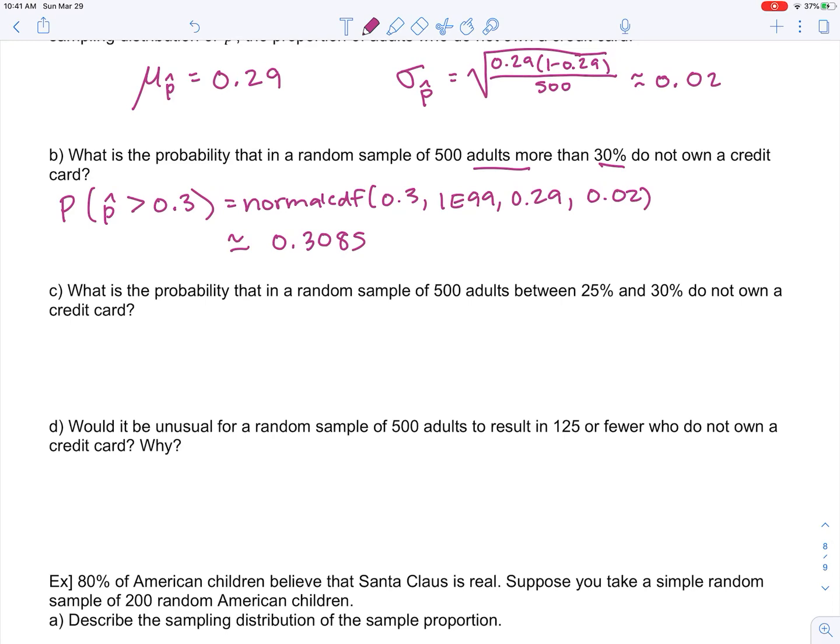Part C, what is the probability that in a random sample of 500 adults, between 25% and 30% do not own a credit card? In this example, we were given lower and upper bounds. So it's the probability that p hat is between these two values. Once again, I am expressing them as decimals, as you will need to do for this entire section. It's still a normal CDF.